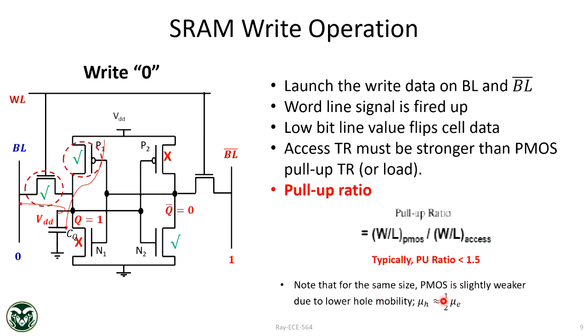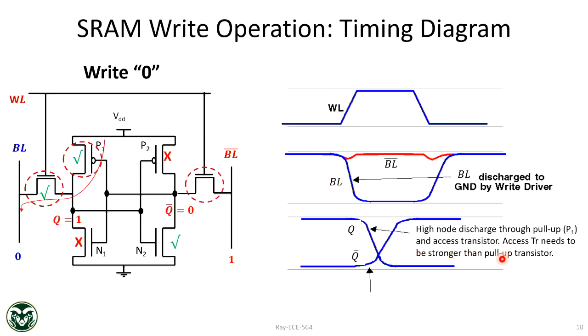The mobility is what makes mu h half of mu electron, and that's what you need to think about in the pull-up ratio calculations. So we'll solve a few problems, maybe next class, and homework 2 will be coming up, which will involve all those pull-up ratio and pull-down ratio calculations.